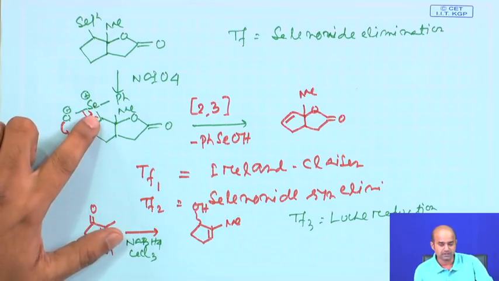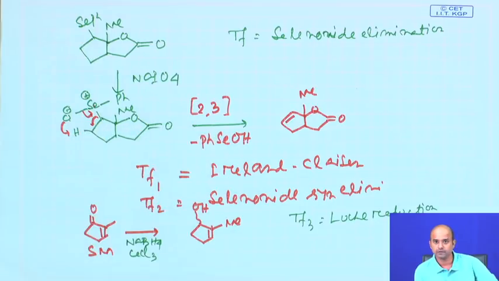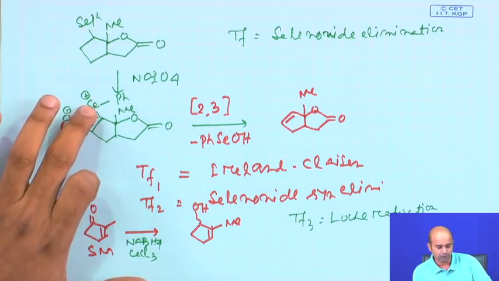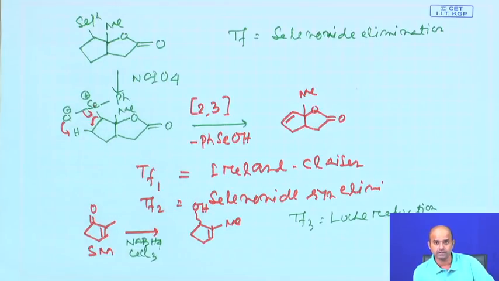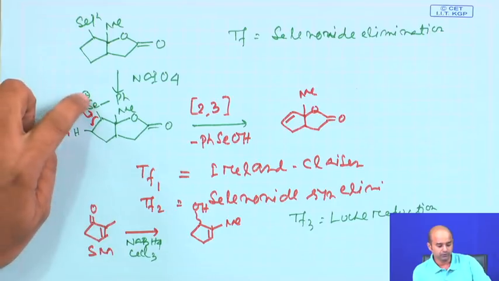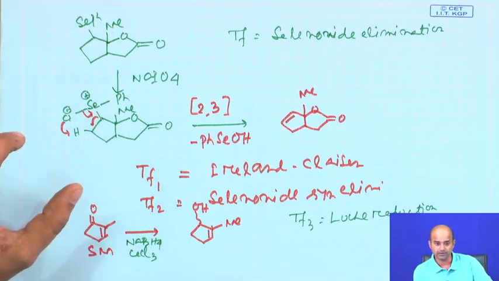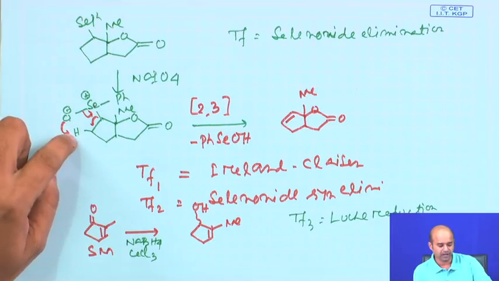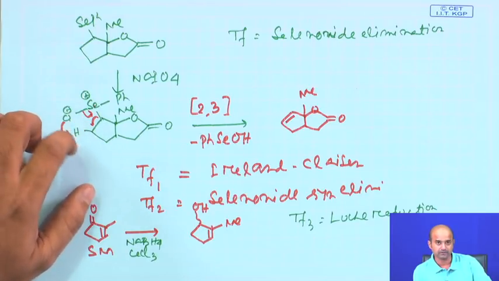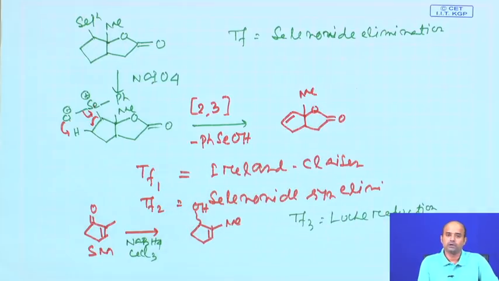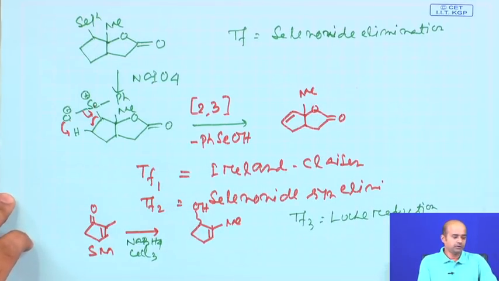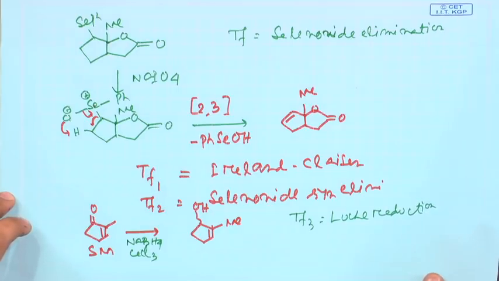First you need to oxidize the selenium through a proper oxidizing reagent, sodium periodate, then you make sure the 2,3 sigmatropic rearrangement takes place. It is a thermal reaction, this O minus abstracts this hydrogen and the electron shifting is this way, you get the particular target molecule which is desired for this transformation.